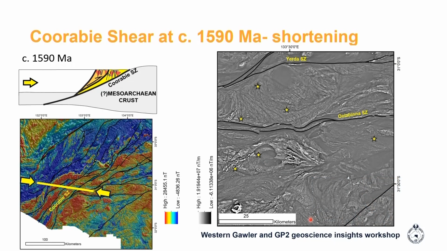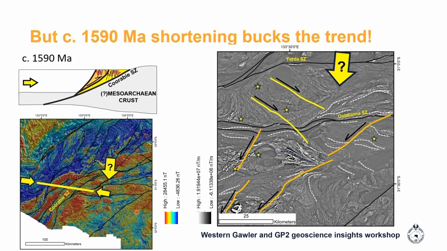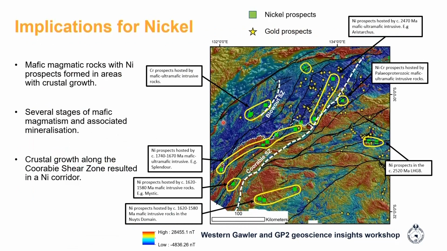But when you start to put overlays in, if it was shortening east-west, you'd expect to see north-south oriented grain. If anything, it's east-west. And what overprints these are conjugate faults that suggest north-south shortening. So something's happening. I could tell you a really simple story, but it's more complex. As it goes towards the end, it becomes quite complex. But no matter the shortening direction, we still have these 3 episodes of crustal growth along the Kurubi.